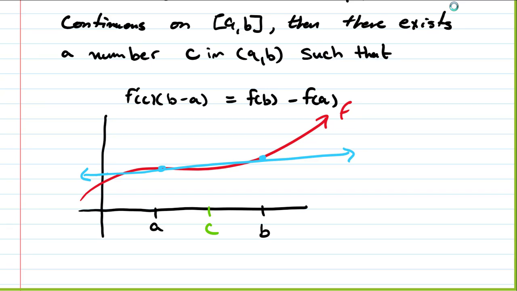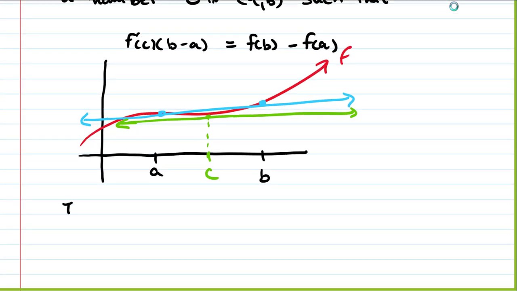there's a number c in between the numbers a and b, where if you go up to the curve and you find the tangent line at that point, the tangent line is parallel to the secant line.